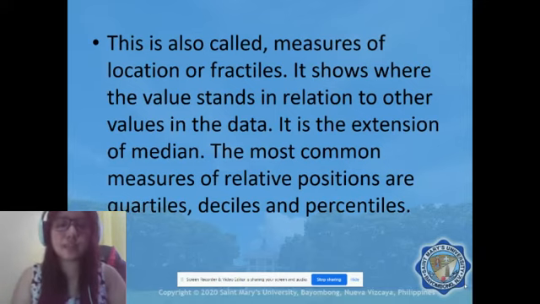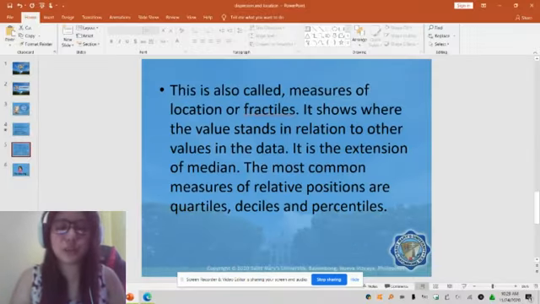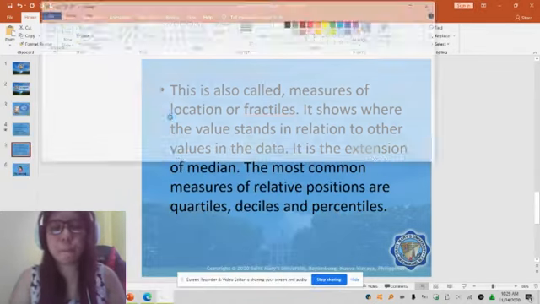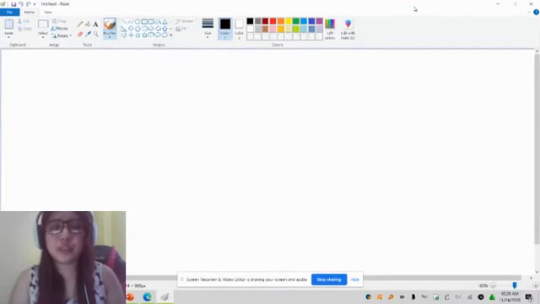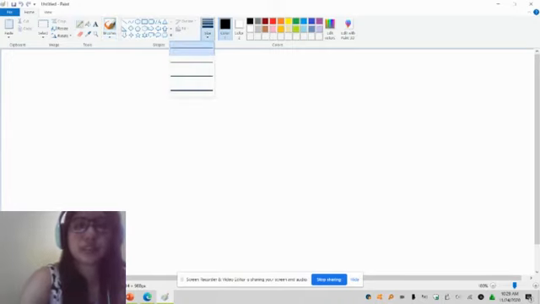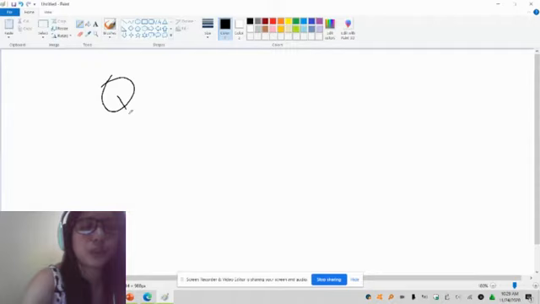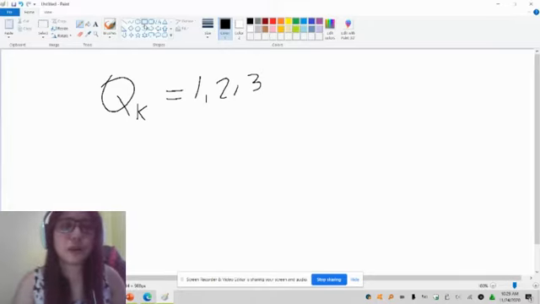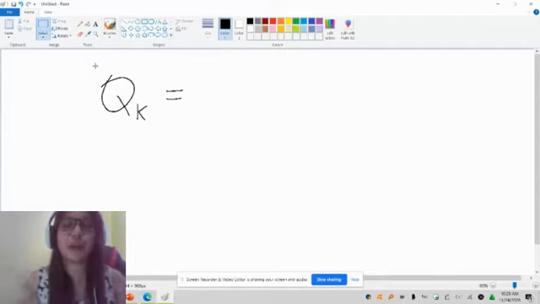For quartiles, this divides our distribution into four equal parts. For us to determine the location, we are going to use a formula. We have the symbol Q sub K, where K is equal to 1, 2, 3, 4, because this is dividing the set into four equal parts.